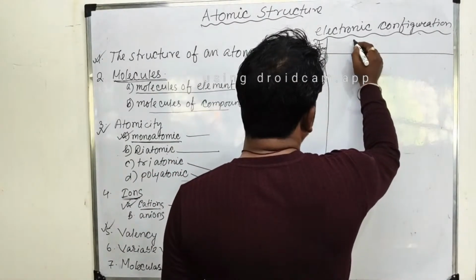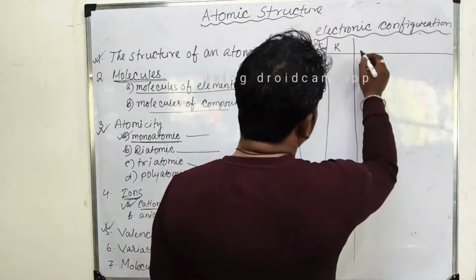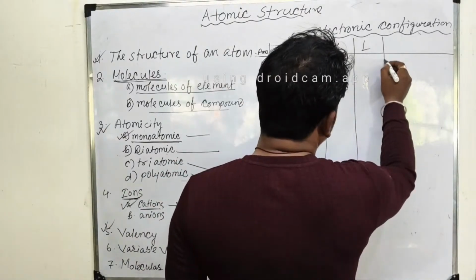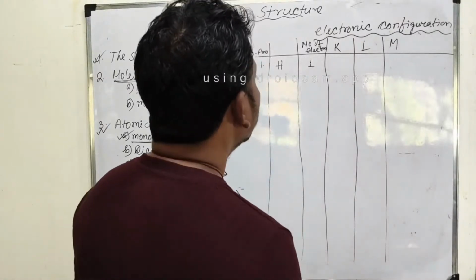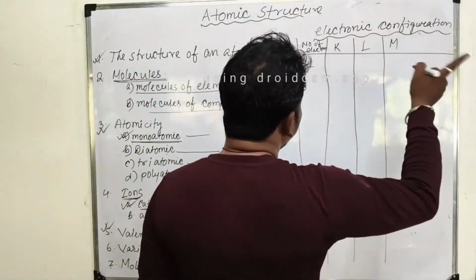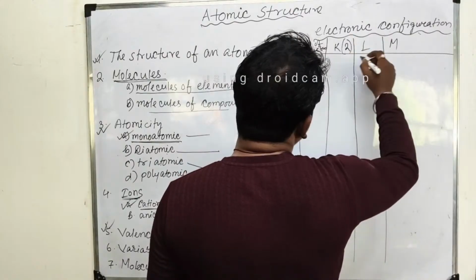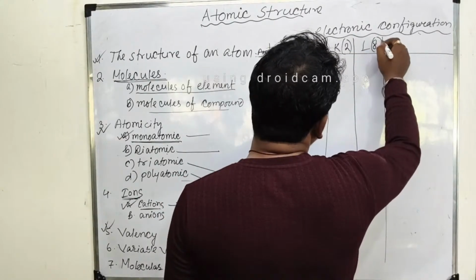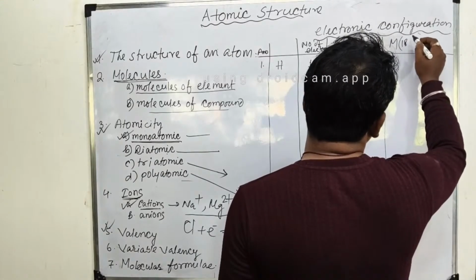Configuration: K cell, L, M. I already found out that the K cell contains 2 electrons, the L cell contains 8 electrons, and the M cell basically 18.